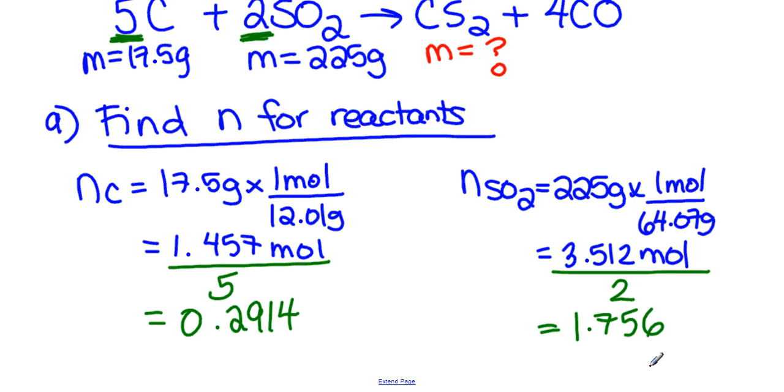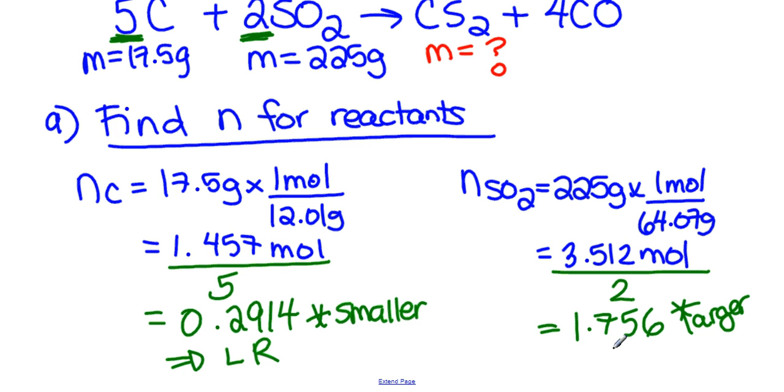So which one is smaller? This is smaller. So this tells us this is going to be our limiting reactant. For reference, if we want, this one over here is larger, and this is going to be our excess reactant.